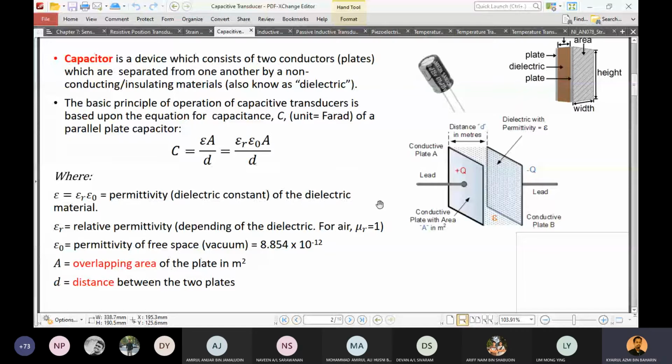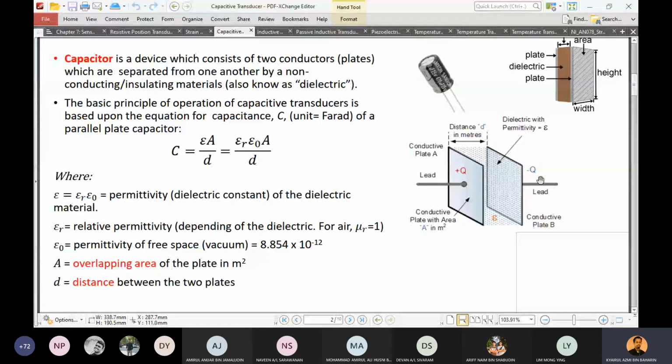Alright. Kalau kita ada kes di mana satu plate tu lebih besar daripada plate yang satu lagi, jadi kita akan kira yang overlapping sahaja. So itu yang kita ada dekat sini istilah overlapping area of the plate. So let's say we have one plate that is 10 by 10 and the other plate is 5 by 5.